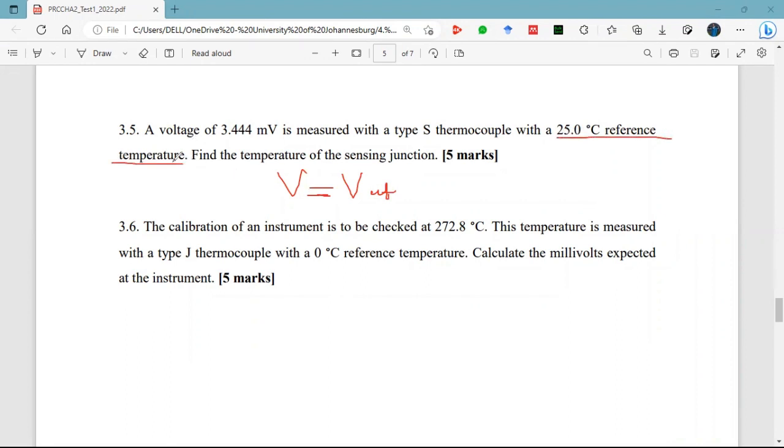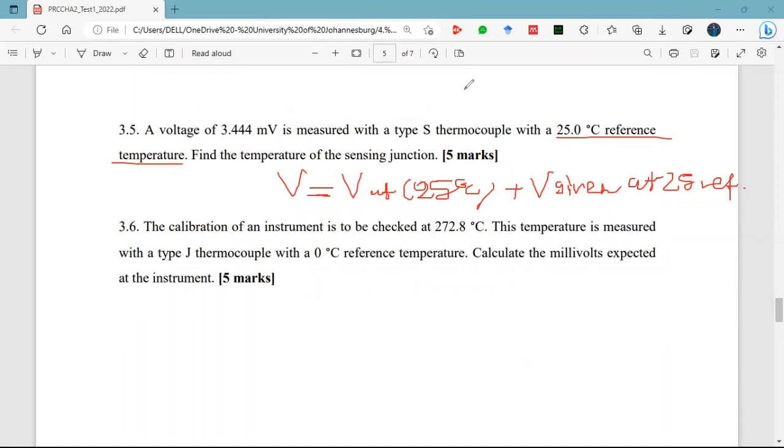The V at the given temperature is 25 plus the V given at the 25 reference. 25 is not always the case, it depends on the question. If it's 50, it's 50.